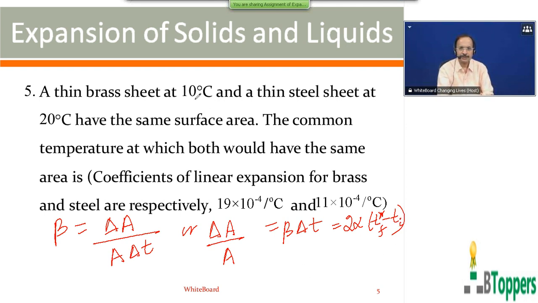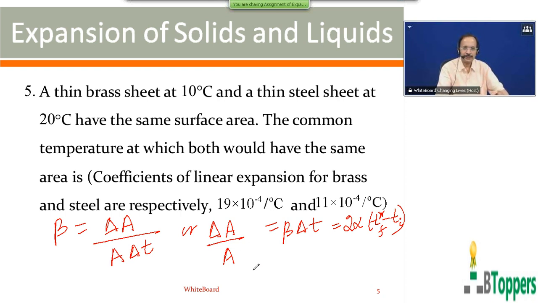Here the initial temperature for the first sheet, that is the brass sheet, is 10 degree centigrade, and the initial temperature is 20 degree centigrade for the steel sheet. The initial area is the same, A is the same. And we have to find the final common temperature at which the final areas will be equal.